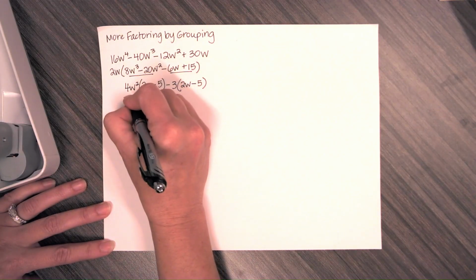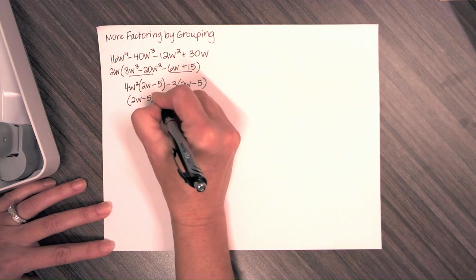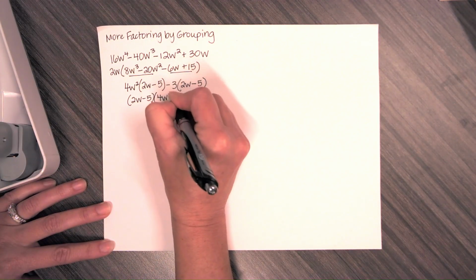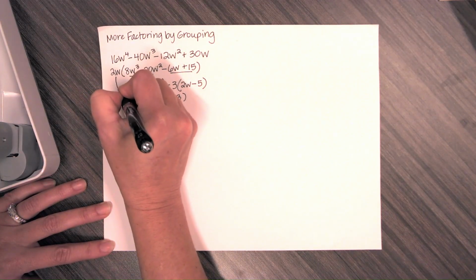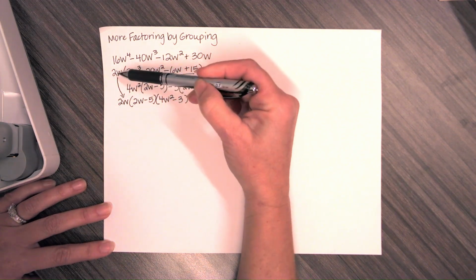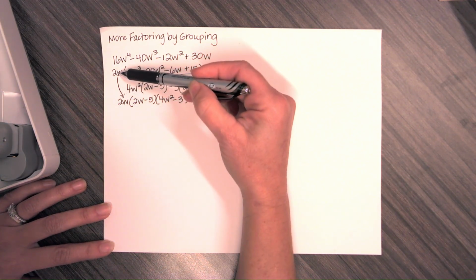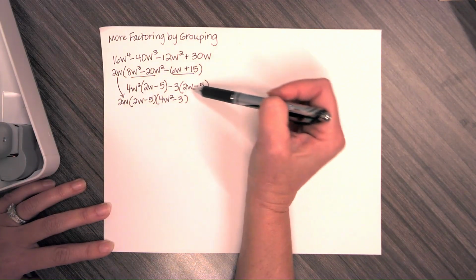Now I can factor out the 2w minus 5, and I'm left with 4w squared minus 3. But I cannot forget that this 2w here needs to come down, and it is part of our answer as well. I didn't bring it down on this line because sometimes bringing it down gets people confused. It gets mixed up in all this.